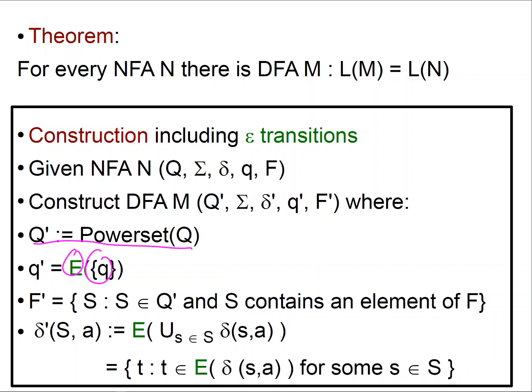F prime is like before, and delta prime is also like before, except that we always take the epsilon closure E of the sets that we consider. Okay, lots of symbols. Let's see an example.